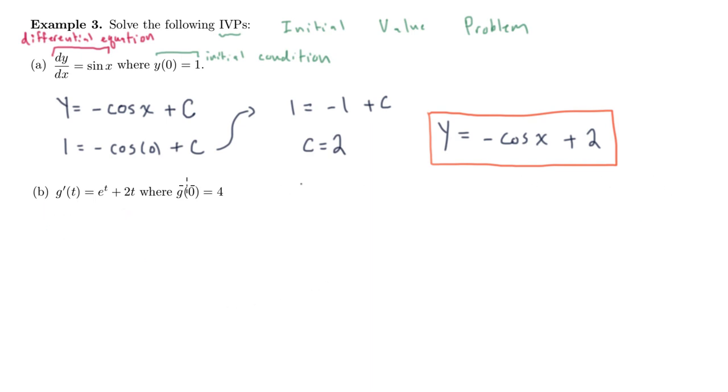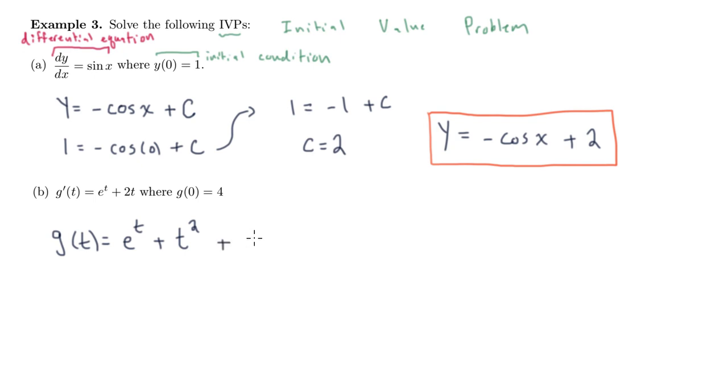So now notice here, we have that the derivative of a function g of t is e to the t plus 2t. And then again, we have some initial conditions. So g of t should be an antiderivative of this function. But that's pretty easy. So we have e to the t, the derivative is e to the t, and then plus t squared, because the derivative of t squared is 2t.